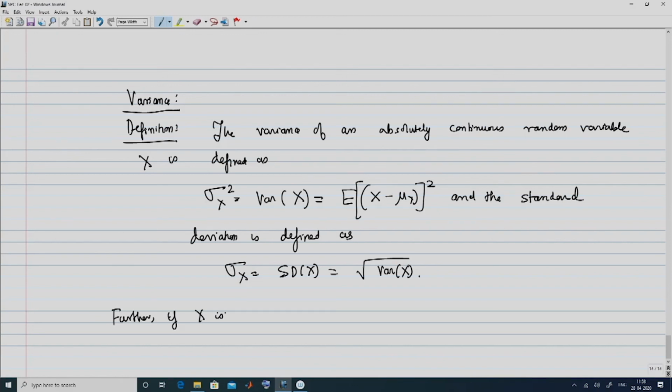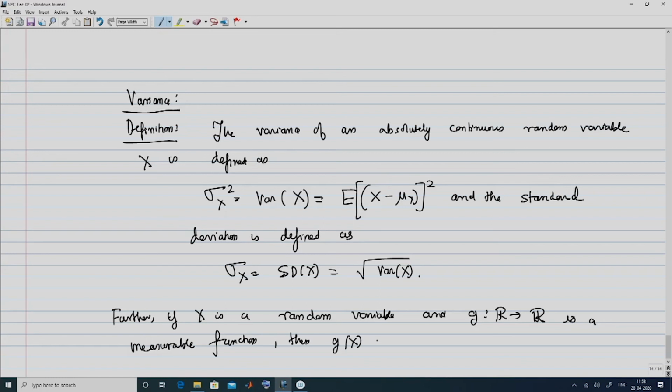Further, if X is a random variable and say g from R to R is a measurable function, then g of X is a random variable. So, recall that we had something similar in the finite space.